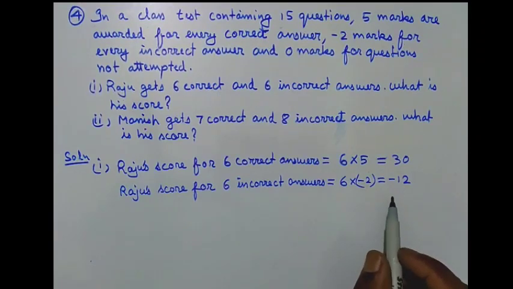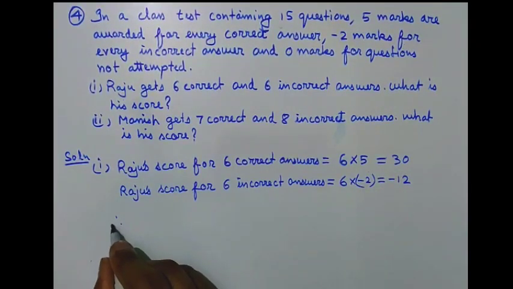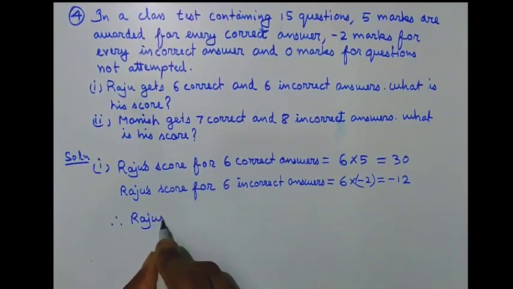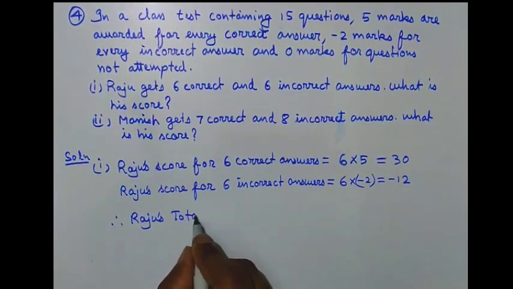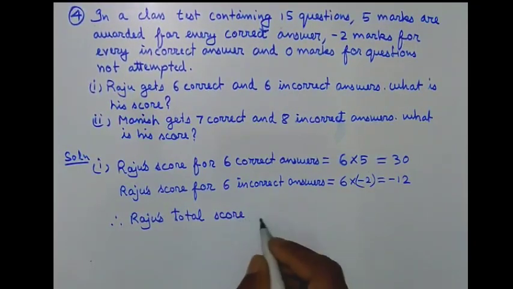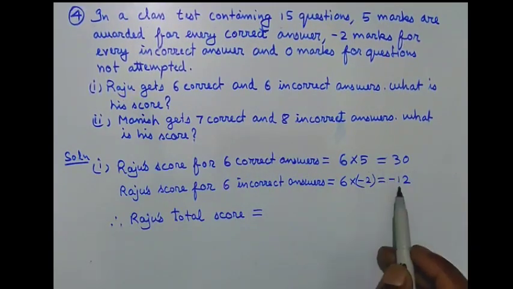Now we can find the total score. We'll just add them up. Therefore Raju's total score is equal to the score of correct answers plus the score of incorrect answers.